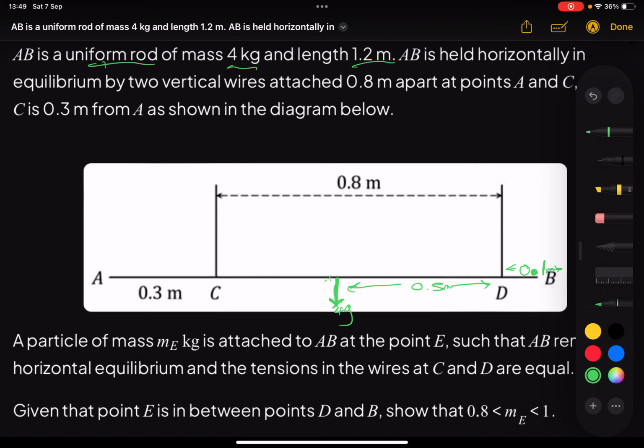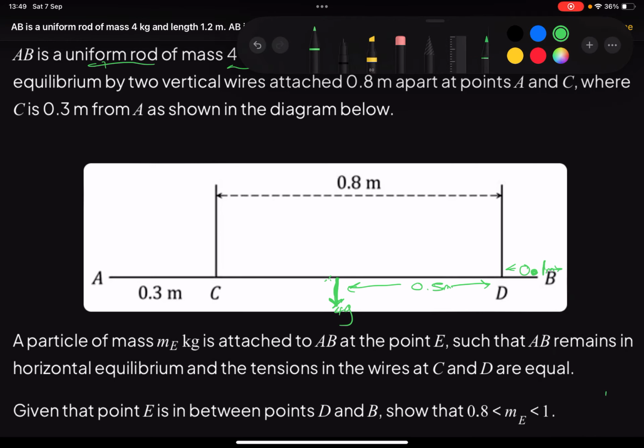And we know that there are two vertical wires attached 0.8 meters apart, at points A and C. C is 0.3 meters from A, shown in the diagram below. A particle of mass m kilograms is attached to the rod at point E, such that AB remains in horizontal equilibrium and the tensions in C and D are equal.